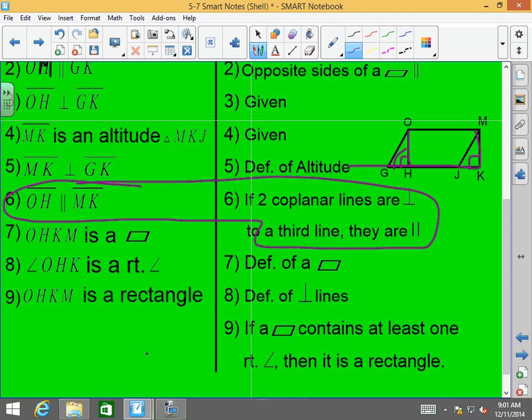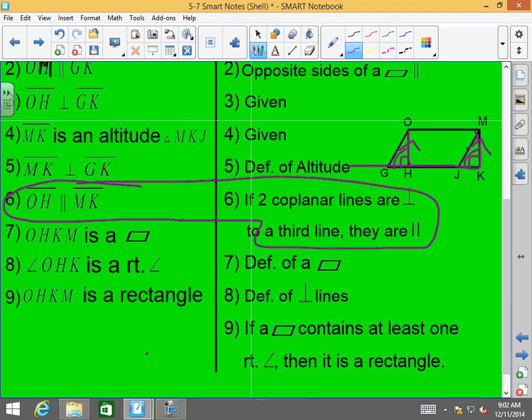Isn't this underbelly to underbelly? So if those are congruent, that means that OH is parallel to MK. You could have done one of two things here. You could have said corresponding angles. If corresponding angles are congruent, then the lines are parallel. Or you could have said, if two coplanar lines are perpendicular to a third line, then they are parallel. So there's two postulates that would have helped you there.